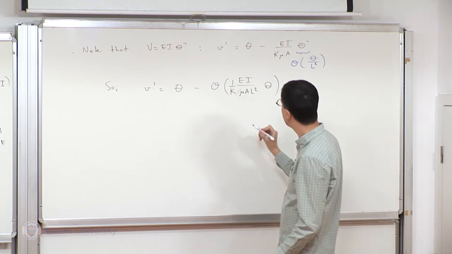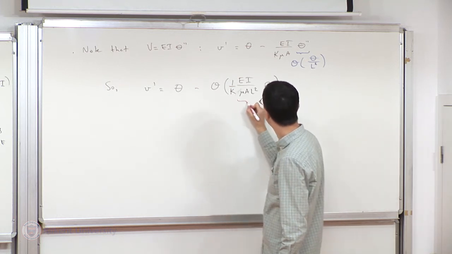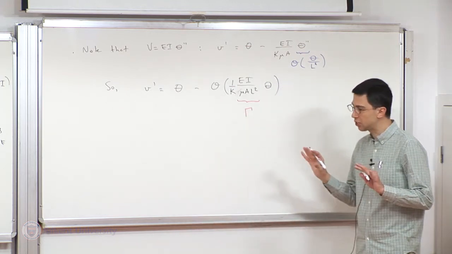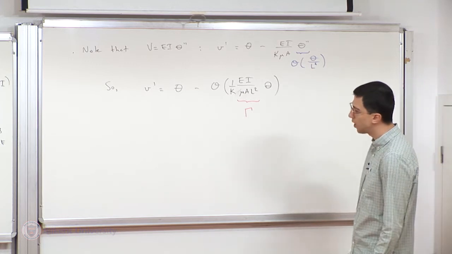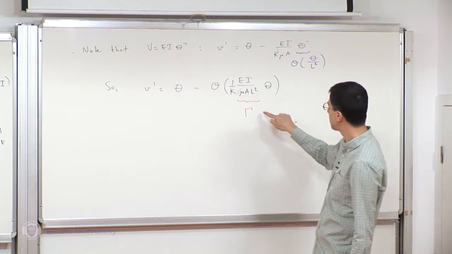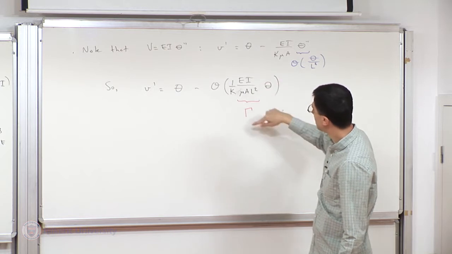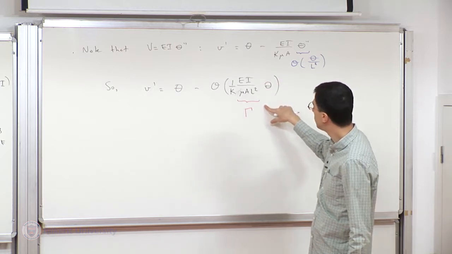First, let me call this quantity gamma, a capital gamma, just in order to eventually make use of it also in our solutions that we're going to obtain in an example that I'm going to solve shortly. Now, this gamma will indicate how important the shear influences are.